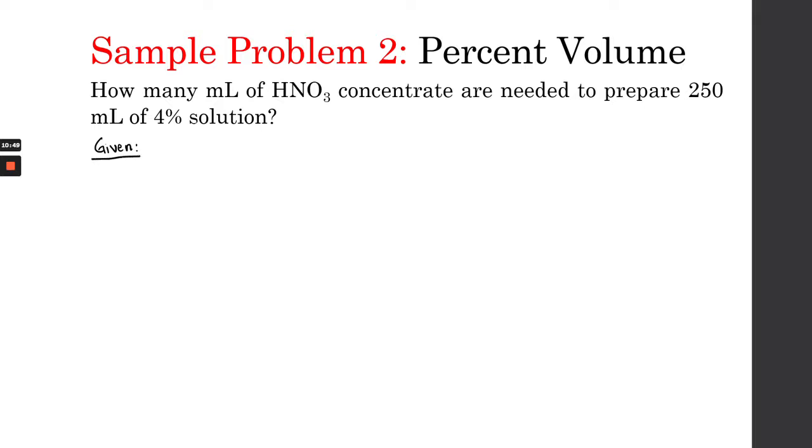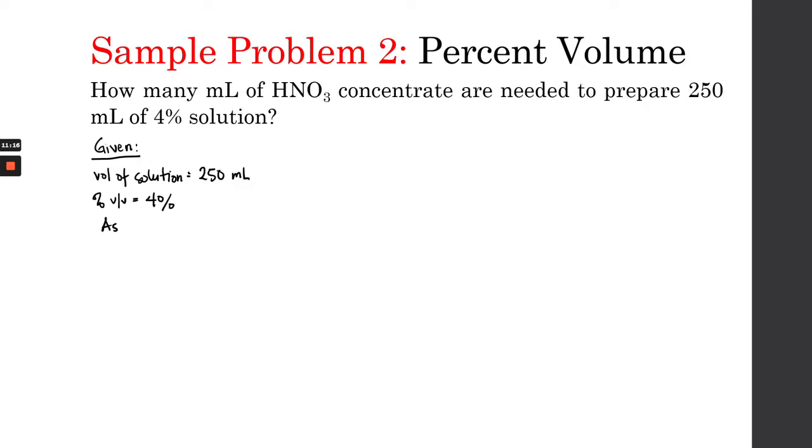So let's write our given first. We are given that the volume of our solution is 250 ml, and we are given the percent volume of our solution, which is 4%.